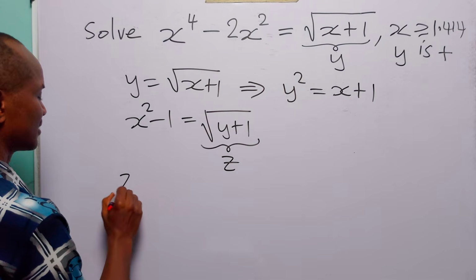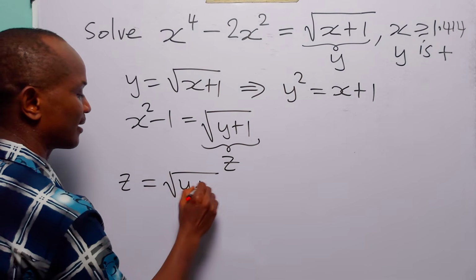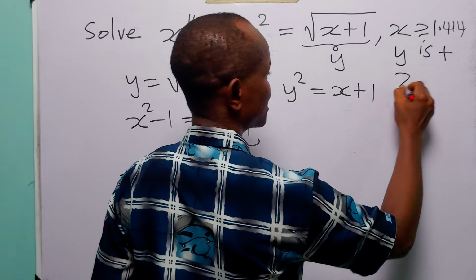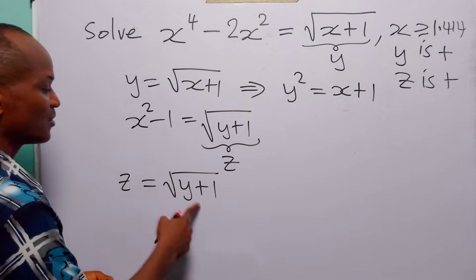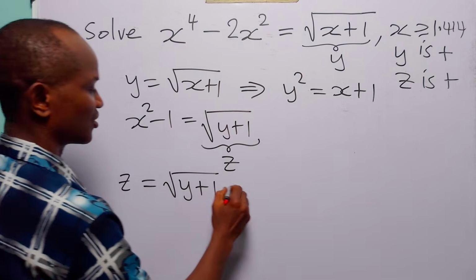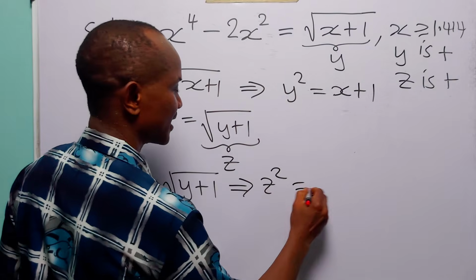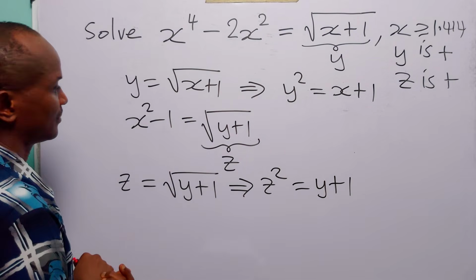So we have that z is equal to the square root of y plus 1. Of course, you know that z must also be positive. Now, when we square both sides of this equation, we have that z squared is equal to y plus 1.